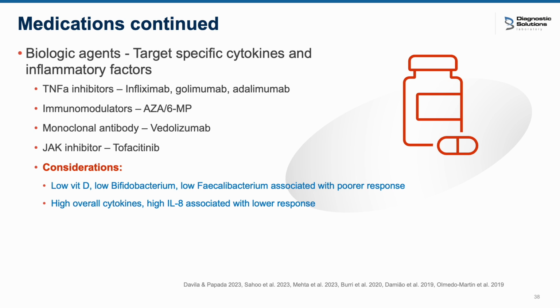So we can look at our functional testing to see whether there might be a good response here. And then often you may want to use the testing after a person has not responded to a reasonably chosen therapy. Now, there are a couple of other classes of medication that are used less frequently, and you'll see these pop up in practice as well.